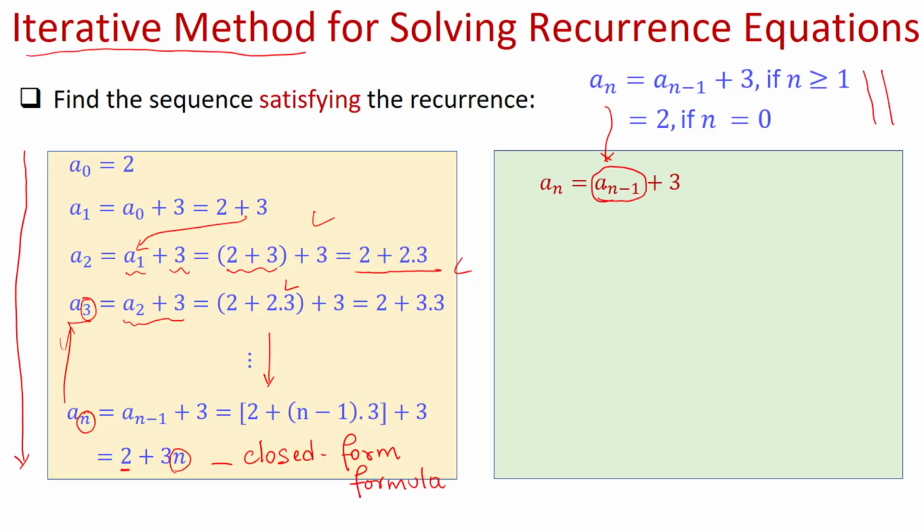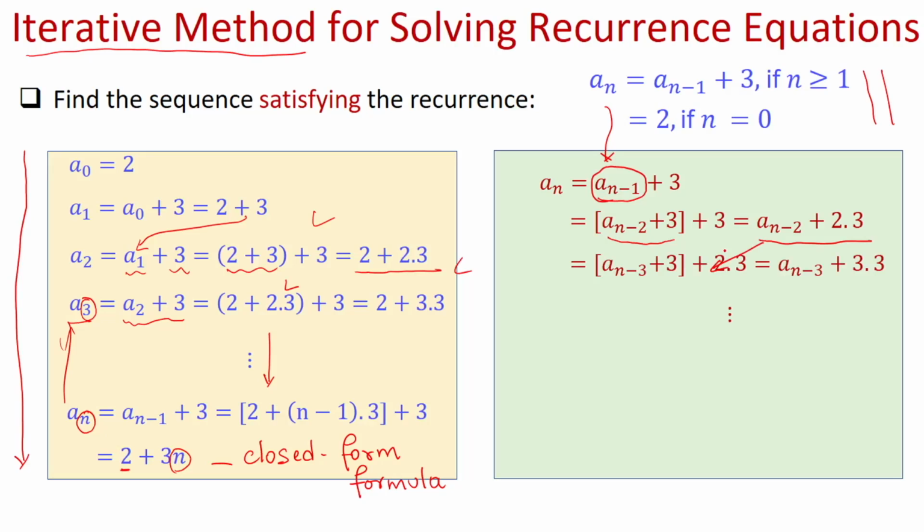As per the recurrence condition, a_{n-1} will be 3 plus the previous term, which is a_{n-2}. If I take 3 outside, then this is equal to a_{n-2} plus 2 times 3. Now, I will again solve a_{n-2} by applying the recurrence condition, and I will get the value of a_n in terms of a_{n-3}.